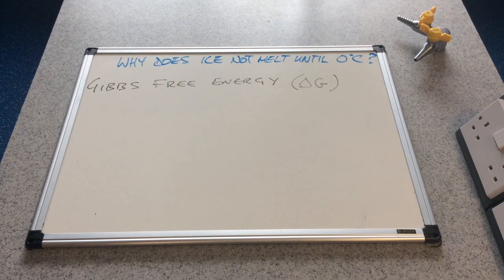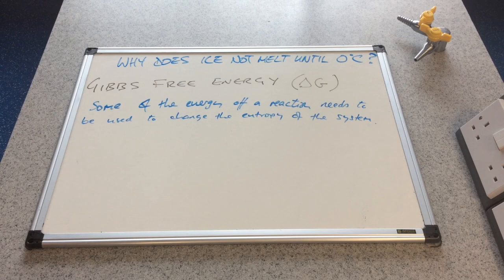If we think about chemical reactions and the energy from the reaction, we need to be aware of the fact that it can't all be used to do useful work. Some of that energy involved in the reaction is actually used to change the entropy of the substances involved. Once that's been done, if there's energy left over, then that can be used to do useful work.